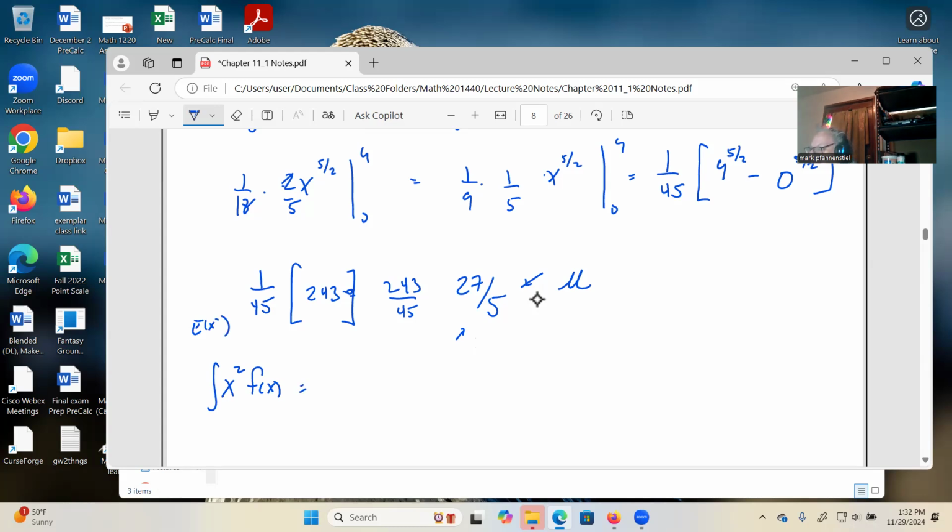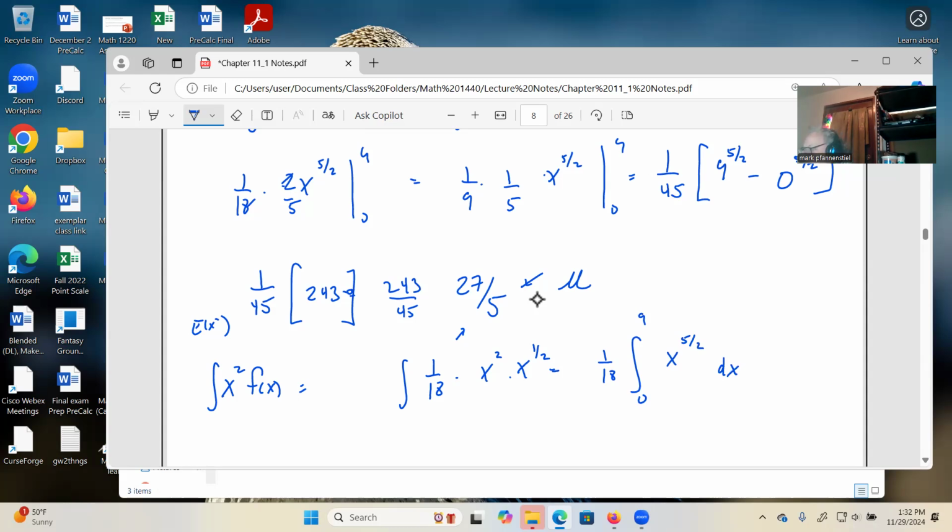So this is going to be the integral of what we have here, 1 over 18 times x squared times x to the 1 half. We haven't done any calculus yet, we've just set up the problem. So we're going to figure out the expected value of x squared. This is 1 over 18 integral from 0 to 9 of x to the, well, this is 4 halves plus 1 is 5 halves.